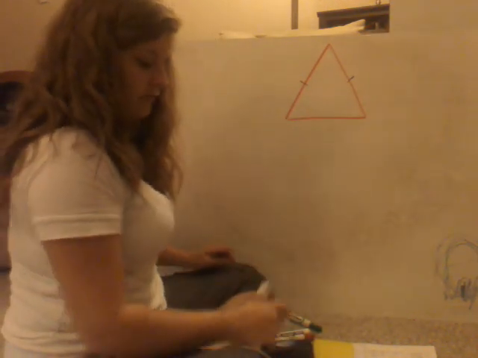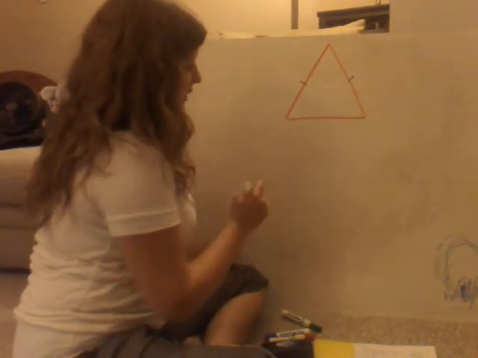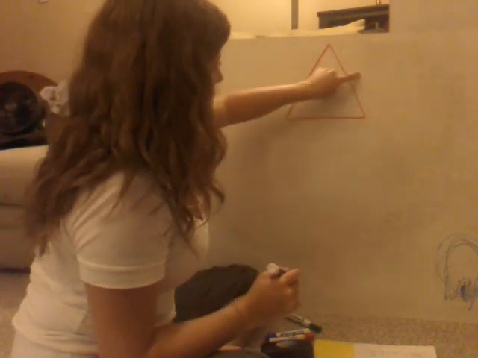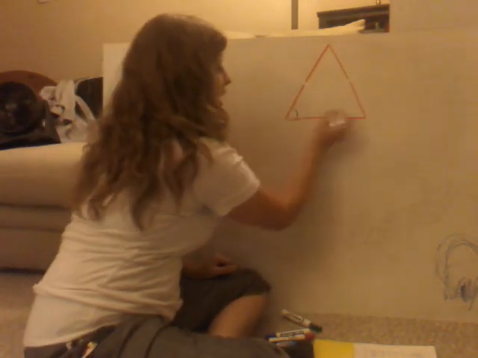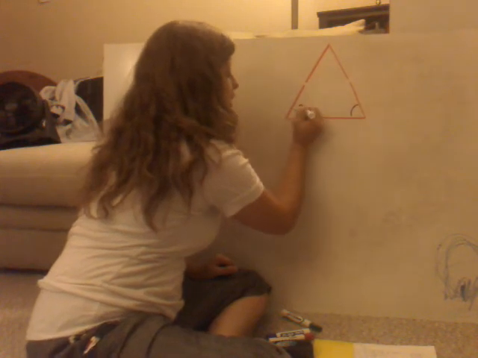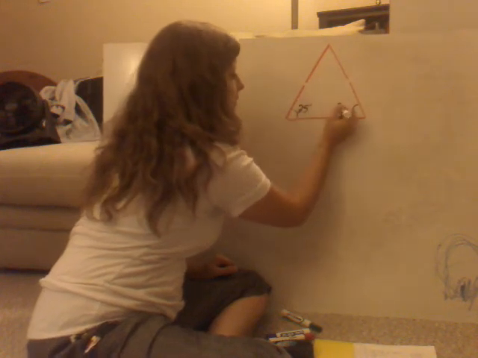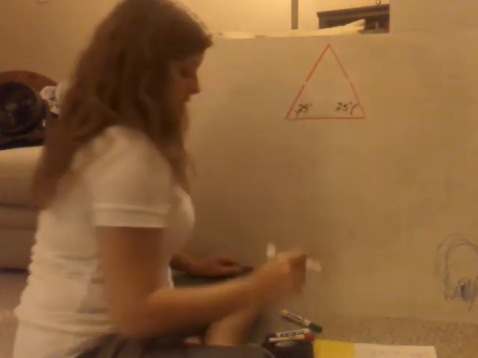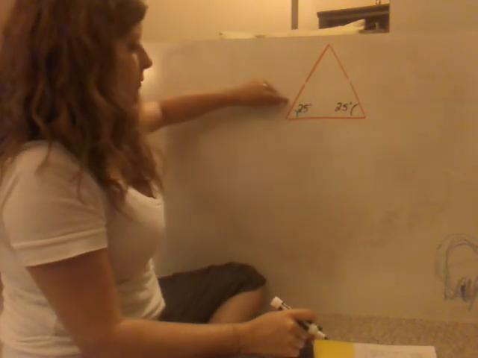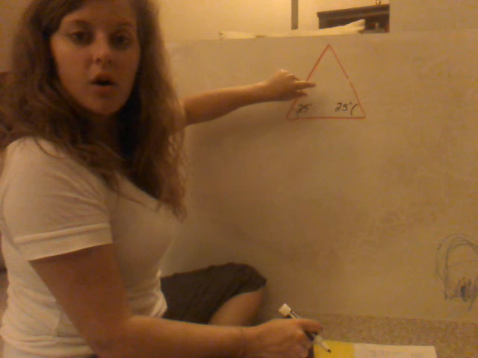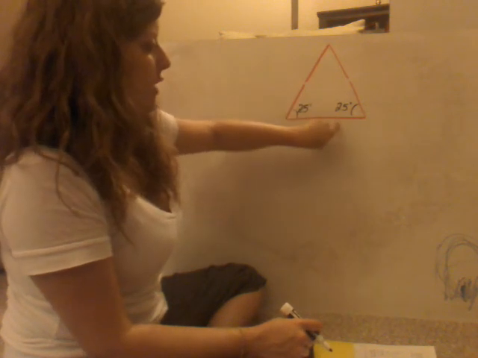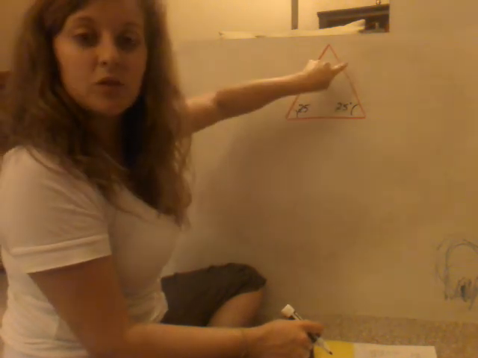Alright, number 24. Now I'm telling you, I don't give you the lines this time, but I tell you that these two angles are both 25 degrees. Now remember, like I said before, the sides across from the angles, if these two angles right here are congruent, that means that these two sides are congruent.